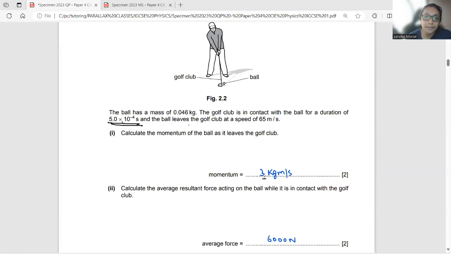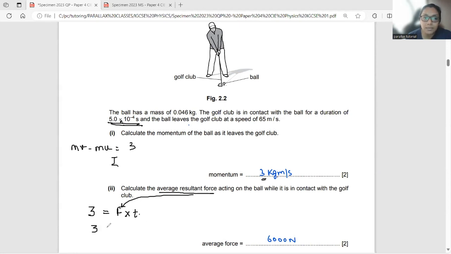So the momentum, or change in momentum, you may call it, that is mv minus mu, is 3, right? We got it in the previous part. So 3 is also called the impulse, right? An impulse is nothing but force into time. You have to calculate the average resultant force in this case, when the time is given already.